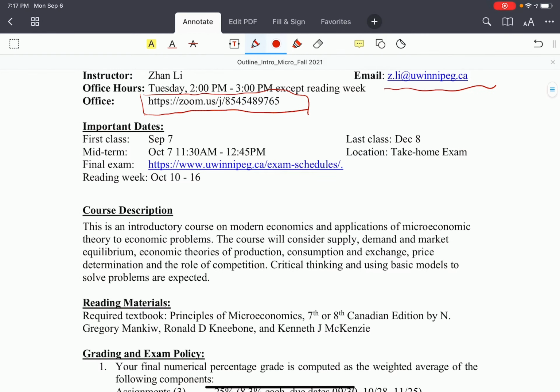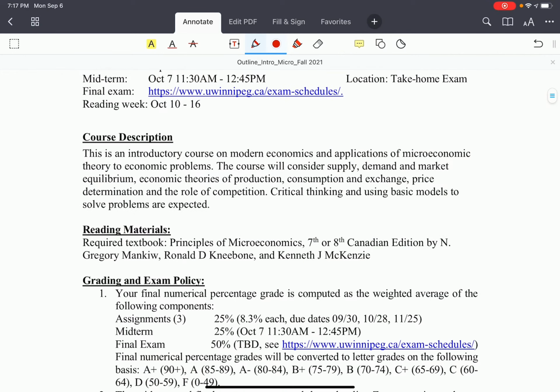And we do have a reading week this semester, which is October 10th to 16th. So this course, judging from the name, you would know that this is a very basic level introductory course on microeconomics. Basically, we will talk about supply and demand, which are the basic concepts to understand market equilibrium, to understand the market.